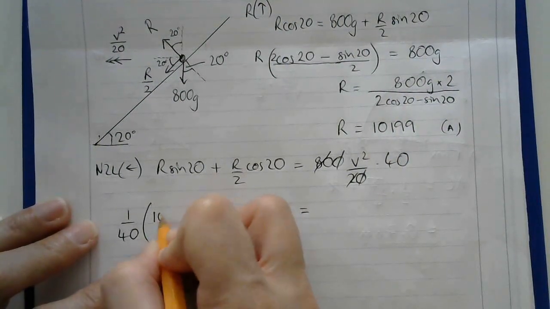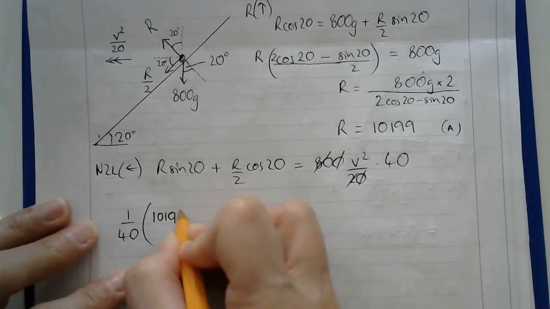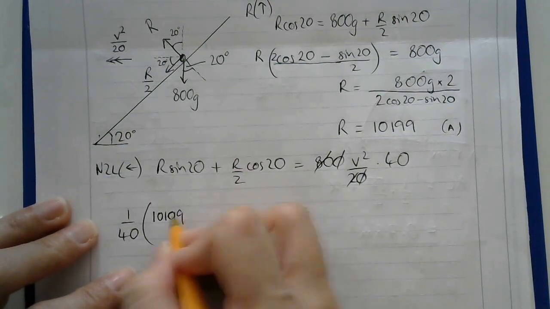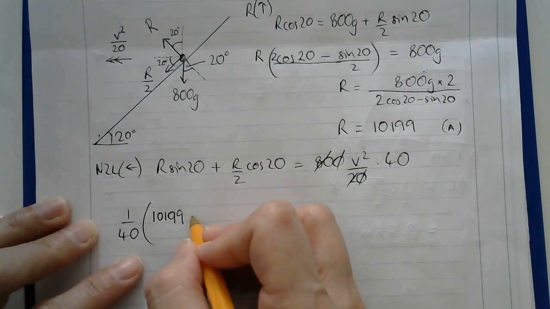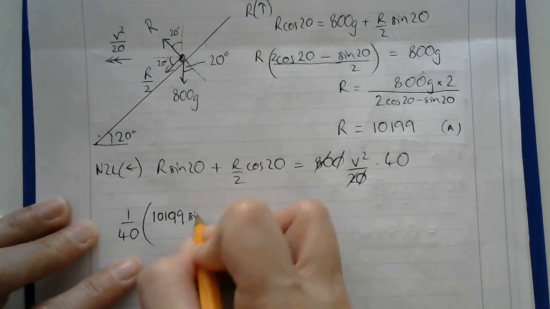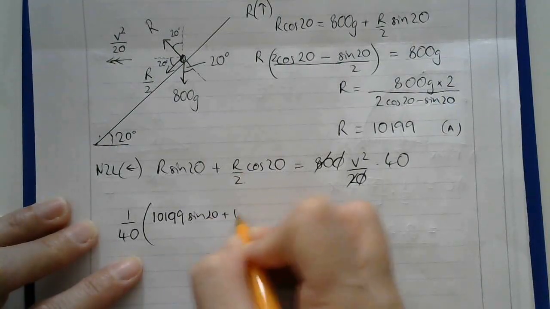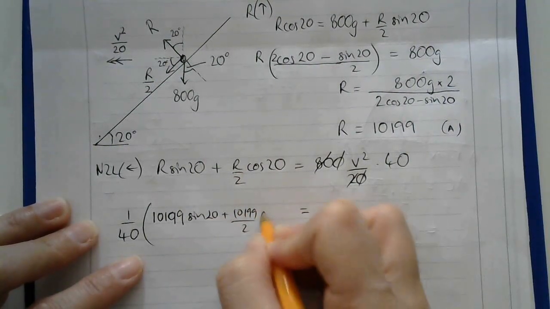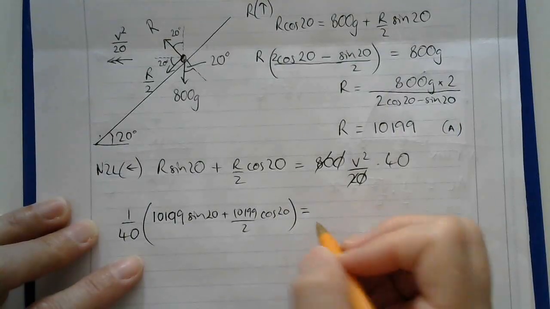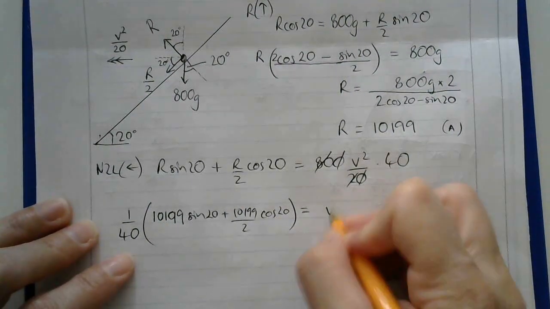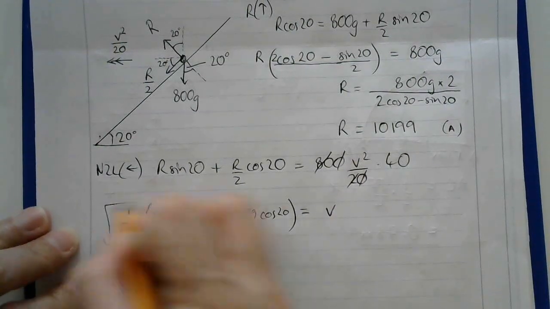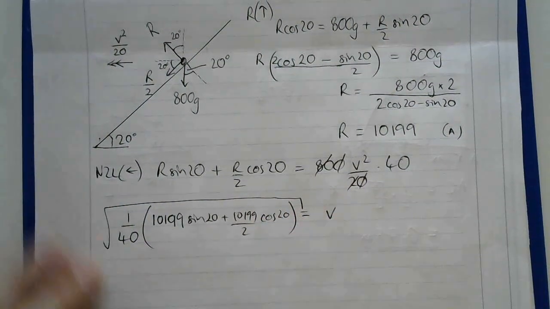But I'll write for the examiner what I'm going to do. So that's R sine 20 plus 10199 over 2 cos 20. I divided both sides by 40, so this will give me v squared. Then I'll need to square root the whole thing to give me v.